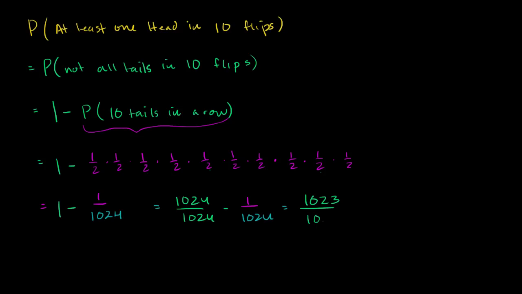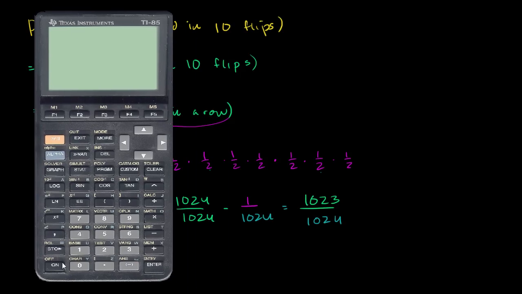So 1023 over 1024. So if you flip a coin 10 times in a row, a fair coin, your probability of getting at least one heads in those 10 flips is pretty high. It's 1023 over 1024. And you can get a calculator out to figure that out in terms of a percentage. Actually, let me just do that just for fun.